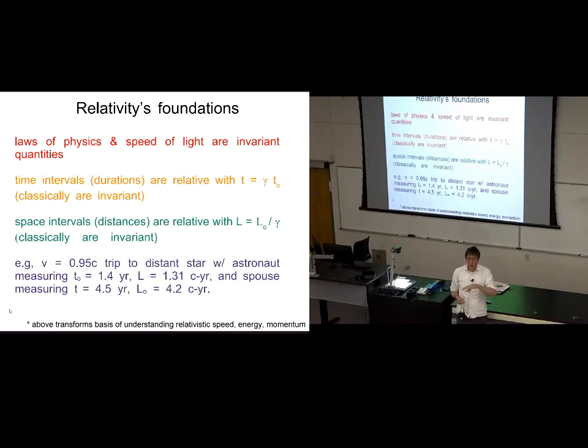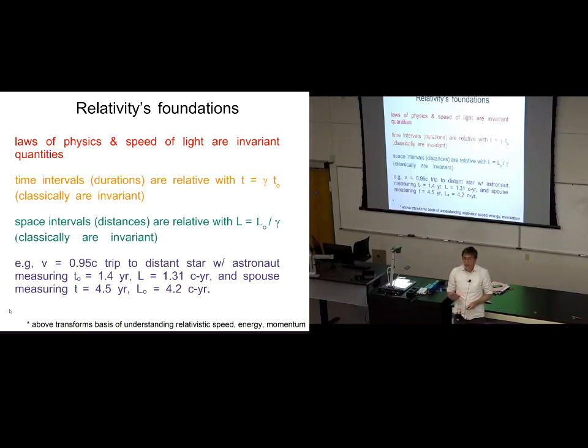One was that the laws of physics are invariant, absolute, the same for all observers in all reference frames. And the other one, the strange one, was that the speed of light is invariant, absolute, the same for all observers in all reference frames.